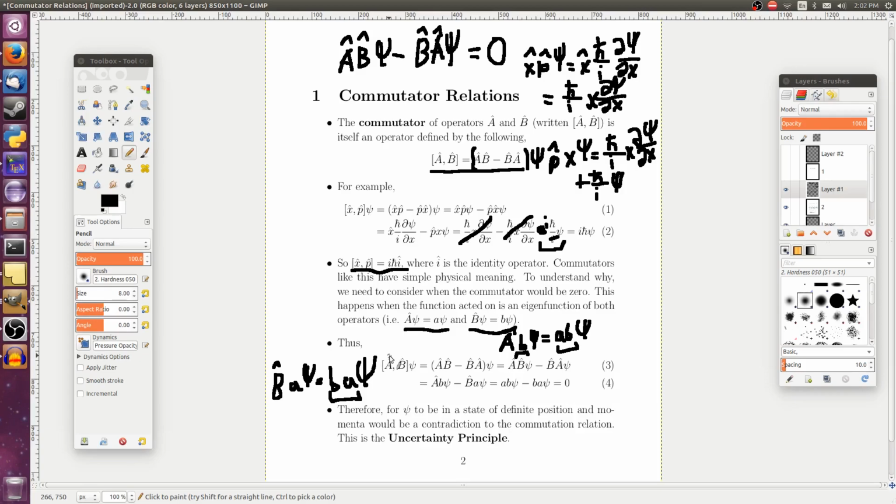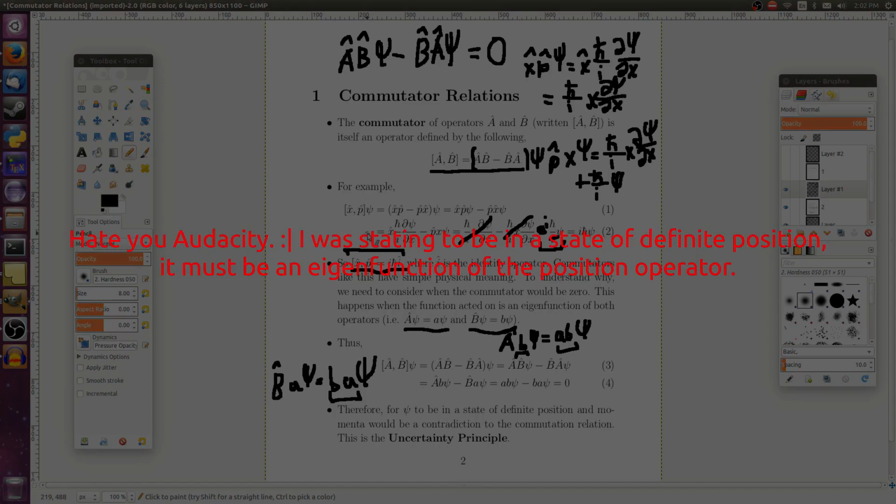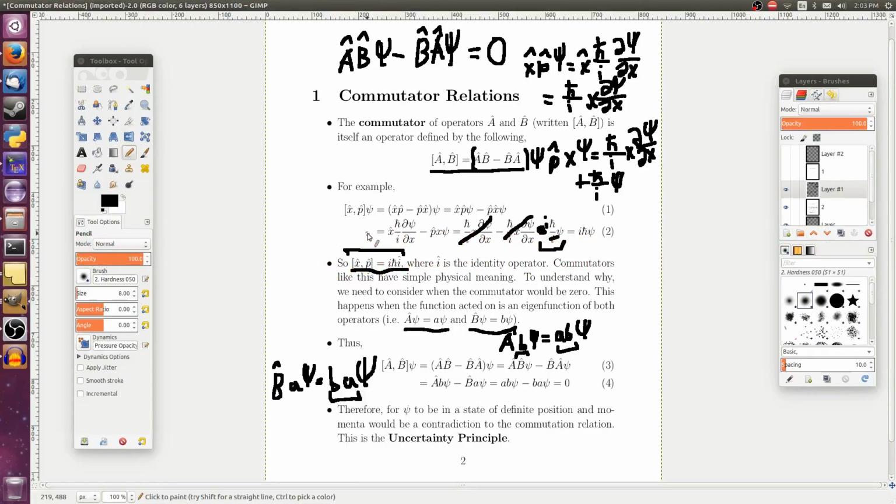That's going to cause problems though, because my commutator, regardless of the function psi I plug in, isn't dependent on psi in the end; it's just equal to i h bar. Well, that means I can't do that, because if I put it in a state of definite position, then it can't also be an eigenfunction of p, because my commutator can't be 0, it's i h bar.